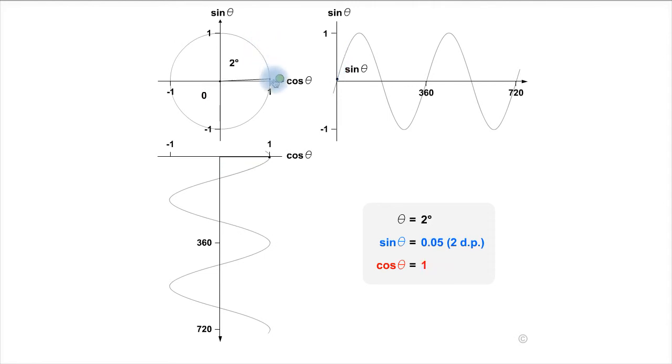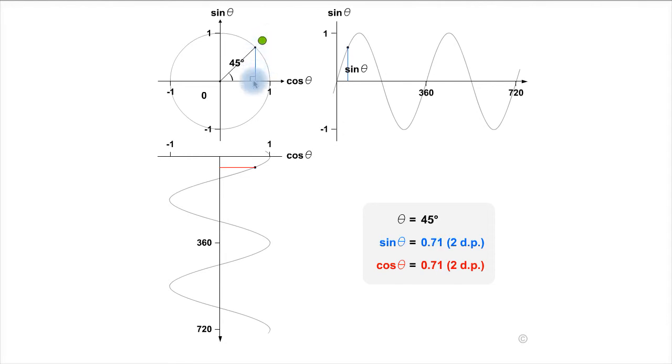If we start here at 0 degrees, you can see this point on our sine graph corresponds to 0 degrees, so on the y-axis we're at 0. If we go up a little bit to, say, 10 degrees, you can see we've moved along a little bit, and that blue line is the same distance as this little blue line. It might be more obvious if I move around to 45.